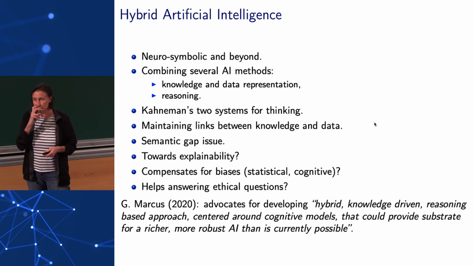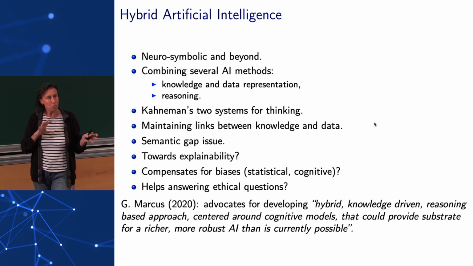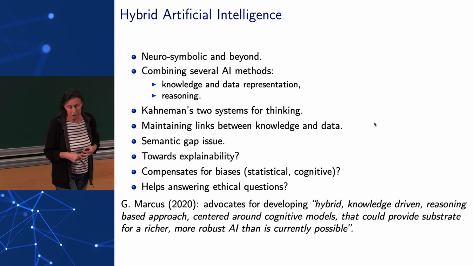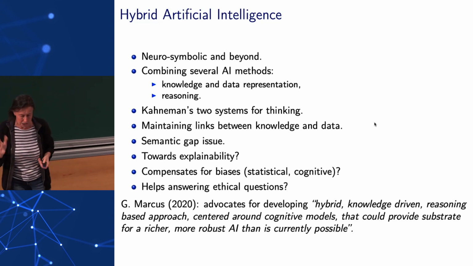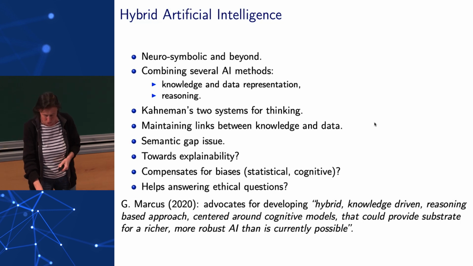Another direction we expect is that using both knowledge and data could be a means to compensate for biases in all these methods. That's an open question, as are questions related to ethics.